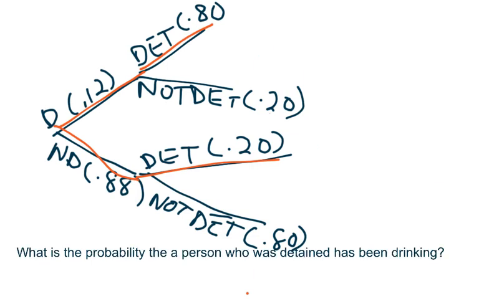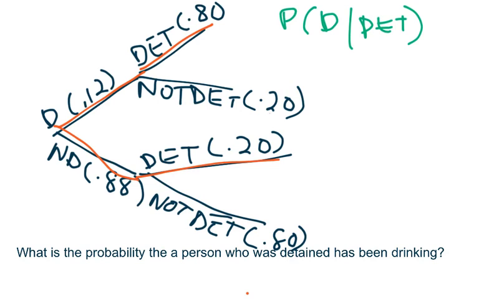Now, let's determine the probability that a person who is detained has been drinking. In other words, what we want to know is the probability of drinking given that they were detained. So what we do is we look at the probability that someone was drinking and has been detained.